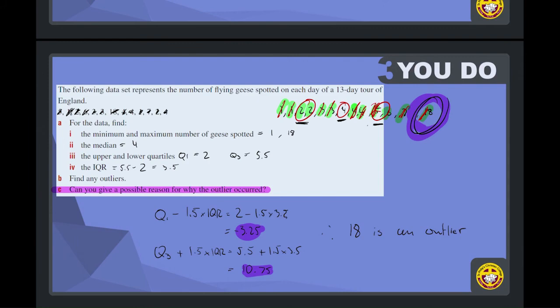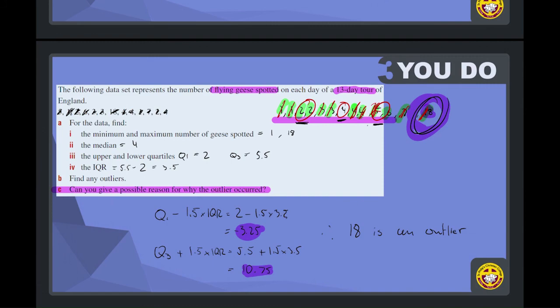Well, this is where we go to the question. This is a group of people on a tour for 13 days, counting the number of geese they see. Why did on one day they see 18 when the most they saw on any other day was 7? I think maybe a plausible explanation is that on this particular day they maybe saw a whole flock, whereas on these other days they were seeing 1 or 2 birds at a time.